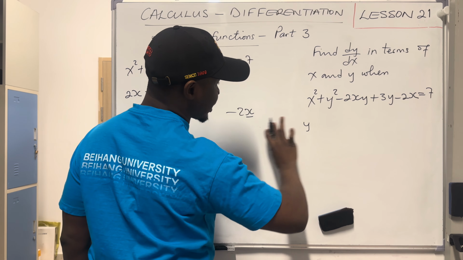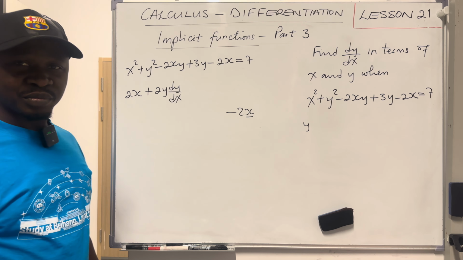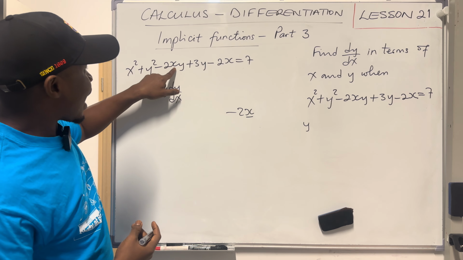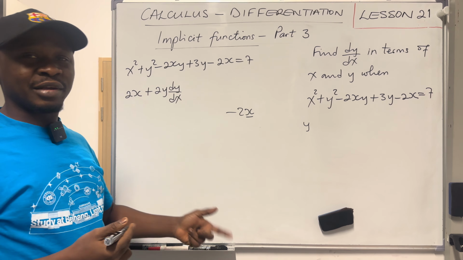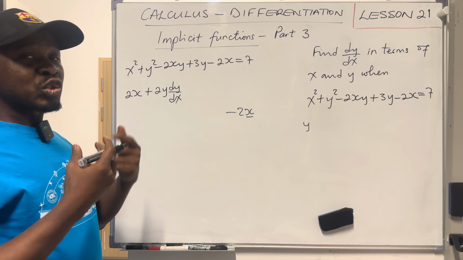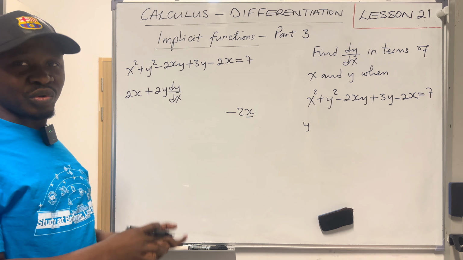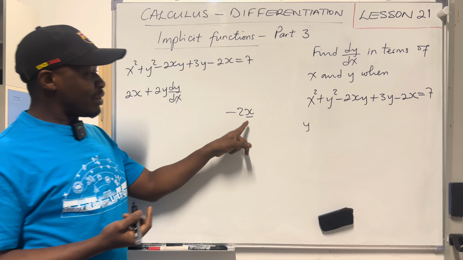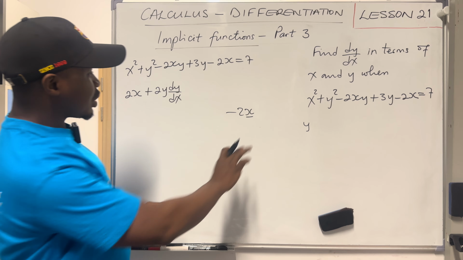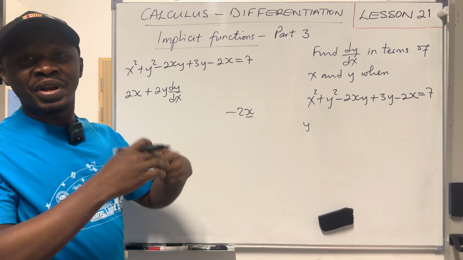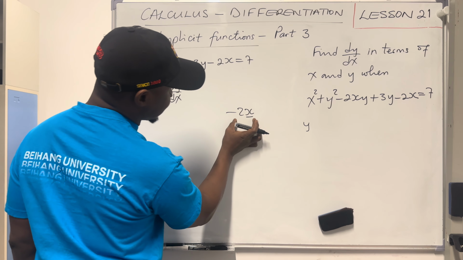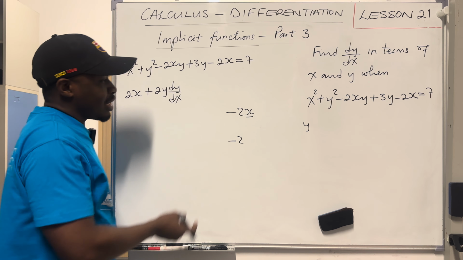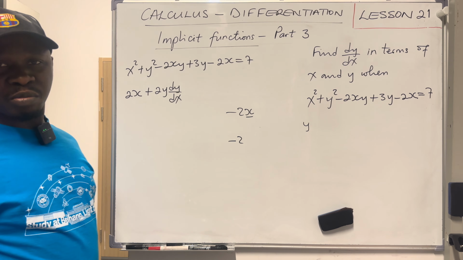Let us keep y aside so you don't get confused. The term comprises xy, and we must differentiate it twice according to the implicit function procedure. So we start by differentiating x. Let us keep y aside, we'll bring it later. If we differentiate this, we get minus 2, since minus 2x differentiates to minus 2.